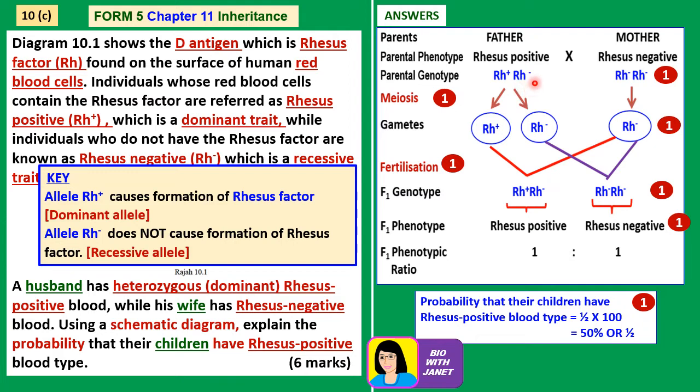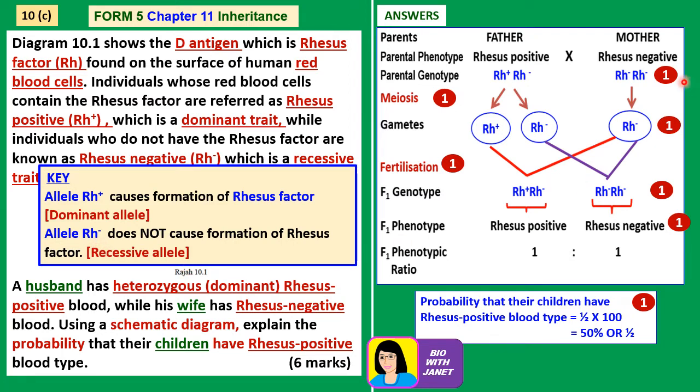Before you draw this schematic diagram, it's better to write the key first, as stated on this left hand side, where we say let Rh positive represent the allele that causes formation of rhesus factor, and it is the dominant allele. And let the allele that does not cause the formation of rhesus factor be written as Rh negative, and it's the recessive allele.